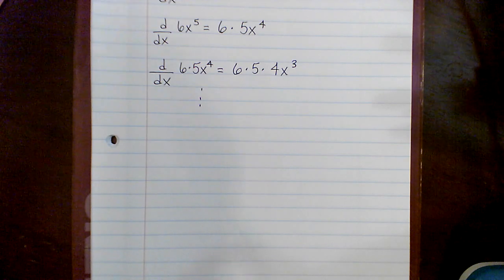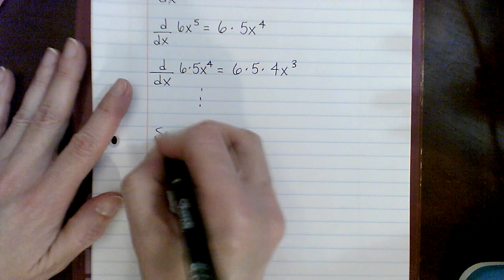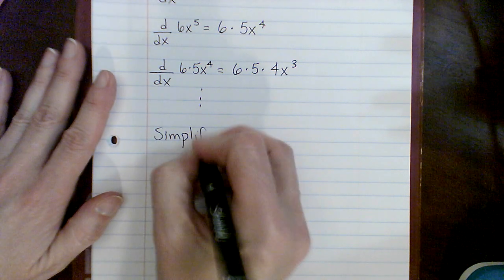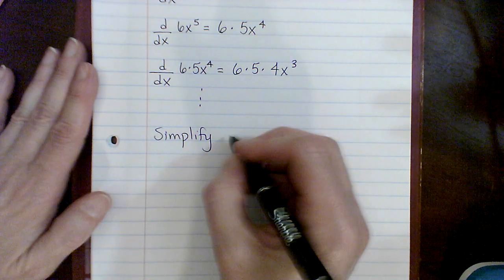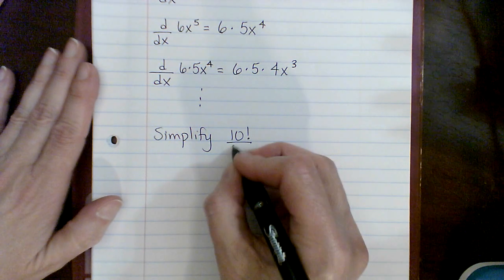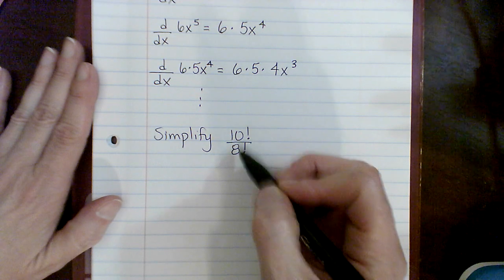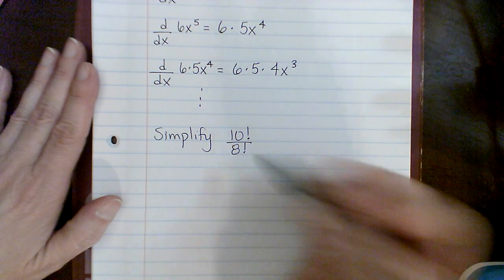If you were going to simplify a factorial expression, you can use your calculator. If you wanted to simplify something like, say, 10 factorial over 8 factorial, you want to be really careful here. Don't try to simplify 10 over 8 and then do the factorial.